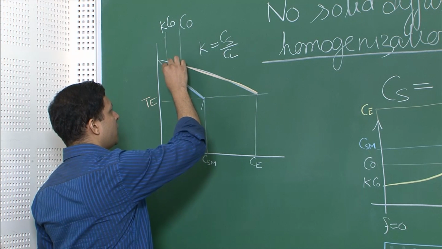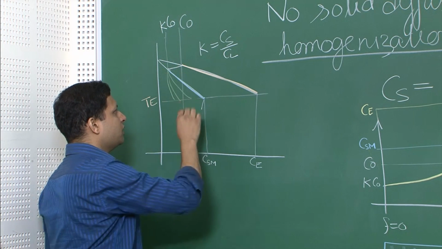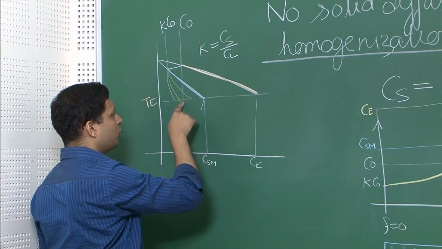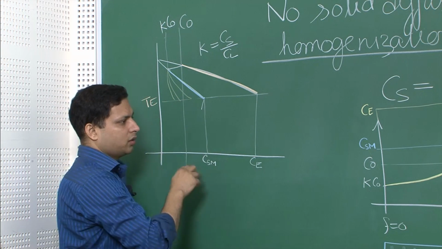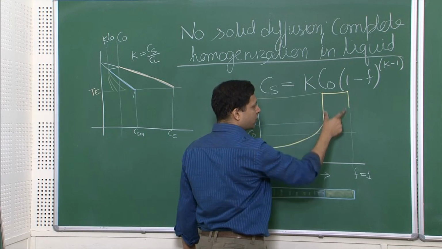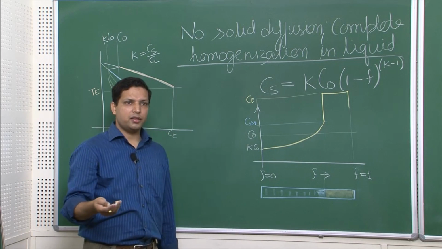Then you would see that the average concentration of the solid up to this point cannot be more than C naught, because the rest of the liquid that is forming has a concentration higher than C naught.